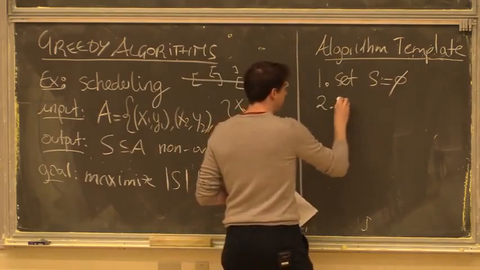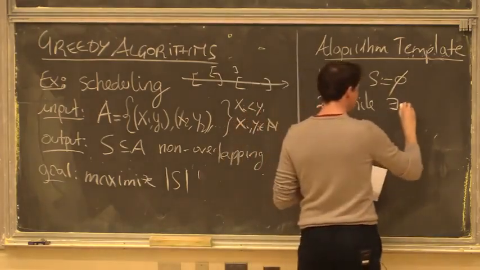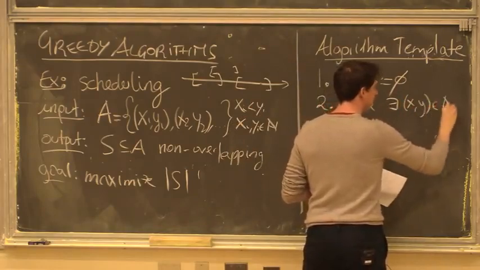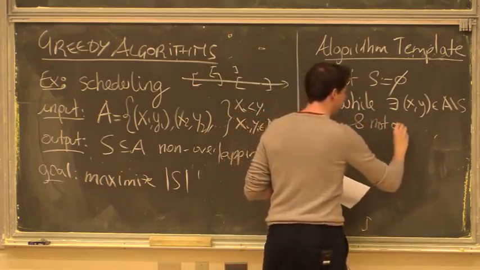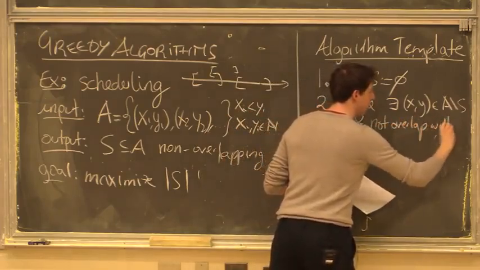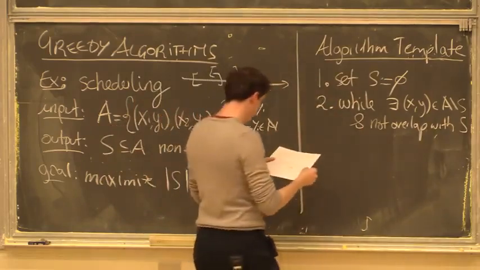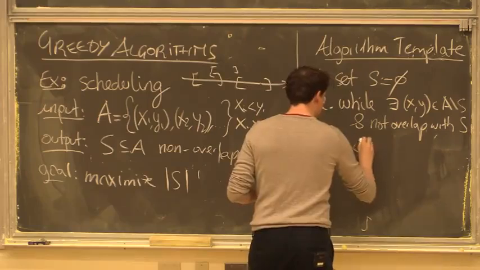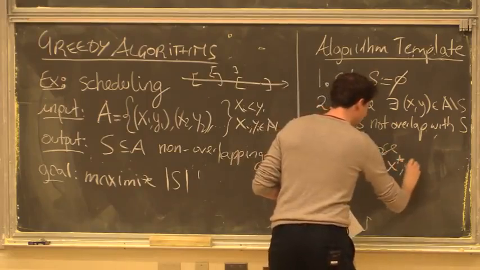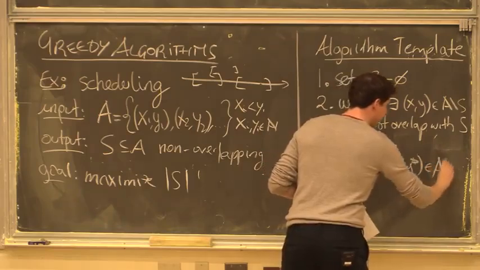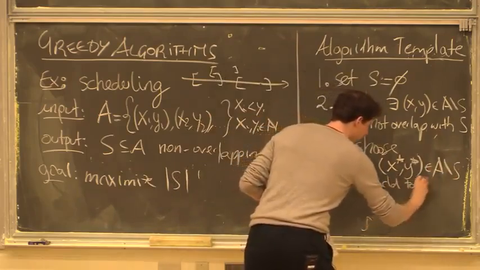So you're going to say, for instance, while there exists some interval xy that has not been picked and does not overlap with S, meaning that there exists no interval inside S that overlaps with xy, then you're going to choose some next, let's call it x star, y star, among the ones that are not chosen to add to S. Okay?